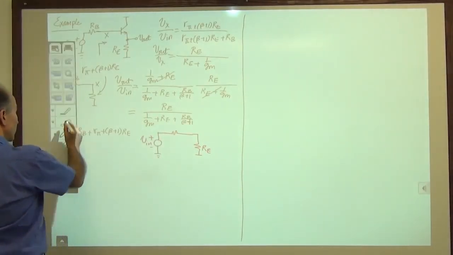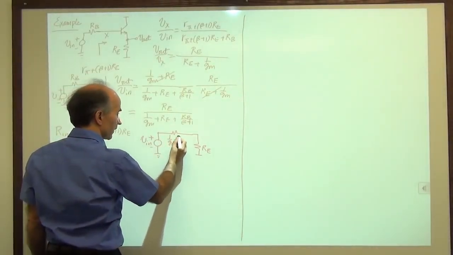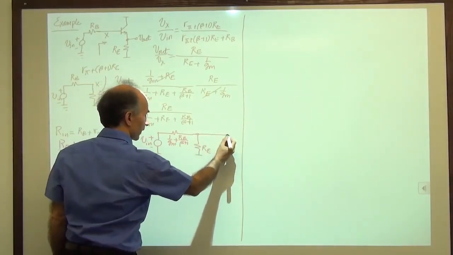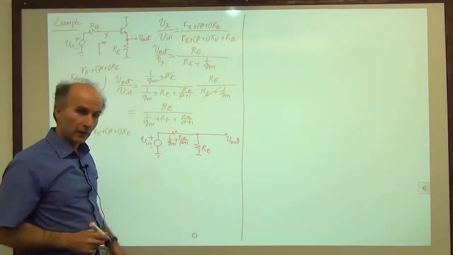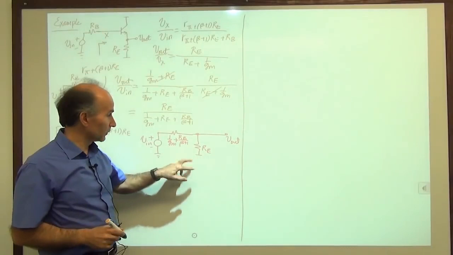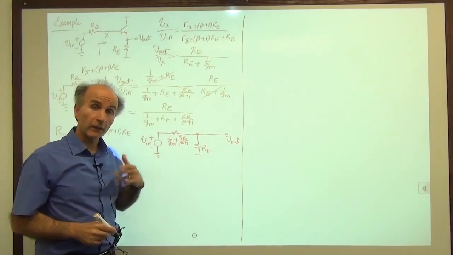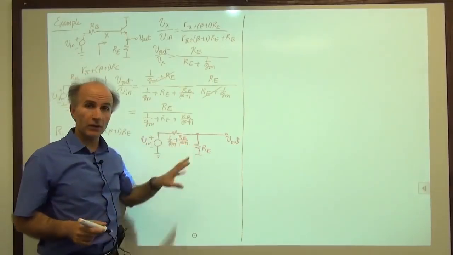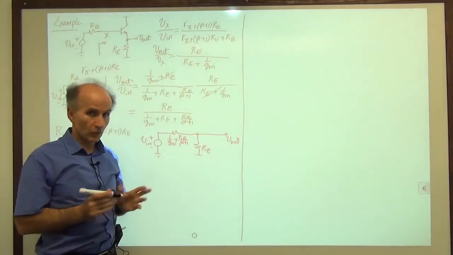The rest would be 1 over Gm plus Rb over beta plus 1. And this is V out. Is that correct? This is an attenuator, right? A voltage divider whose gain or loss is equal to Re divided by Re plus this. So equivalently, we can view the operation of the circuit as the operation of a voltage divider. Okay. So far so good, right?